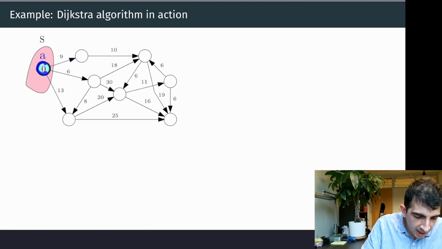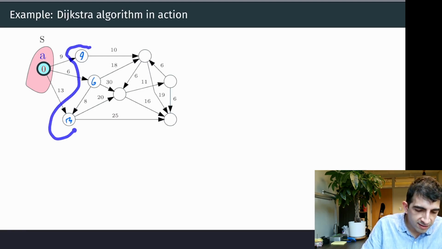Have edges coming out of this vertex, right? So how far away are these vertices? Well, this is 9 far away. This is 6 far away. This is 13 far away, right? So we just mark these with a distance that we know that we could get at least a path that is maximum this value to each of these nodes.